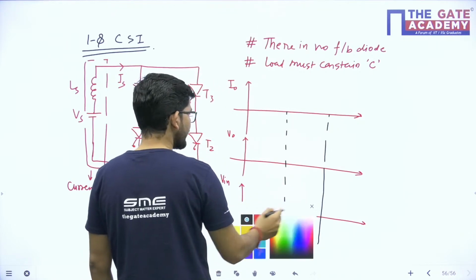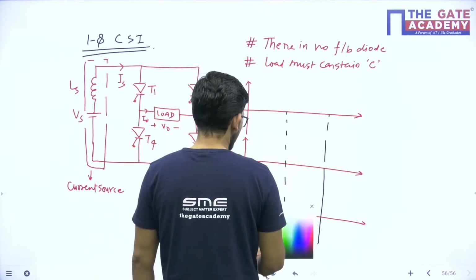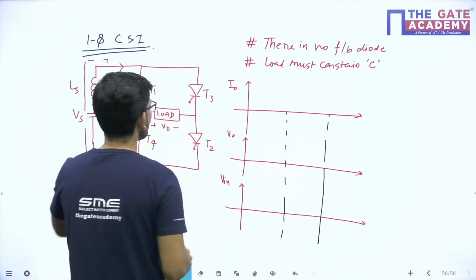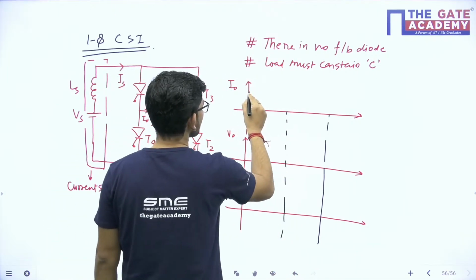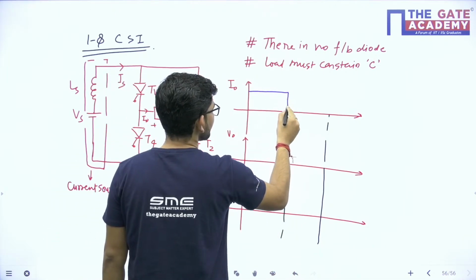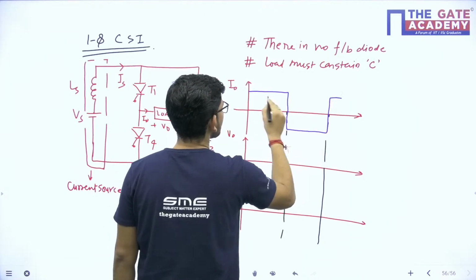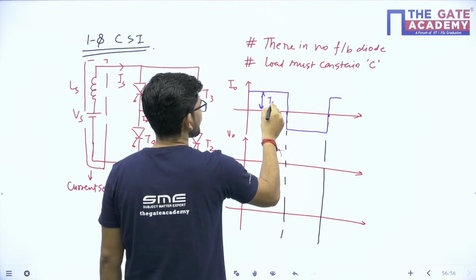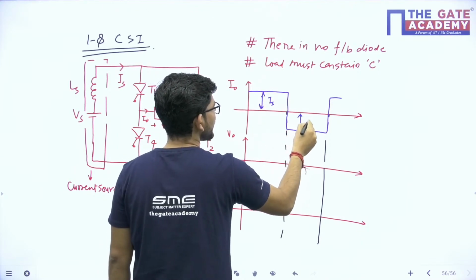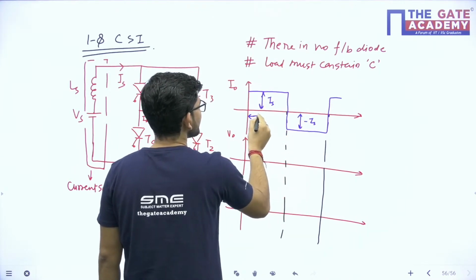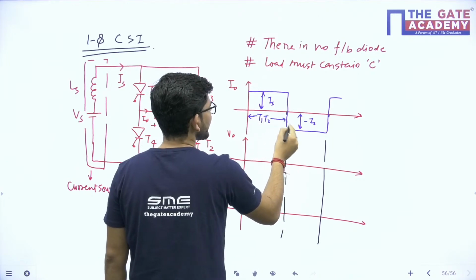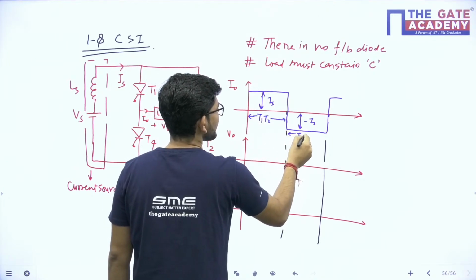When T1 and T2 are on, I naught will be equal to Is, and when T3 and T4 are on, I naught will be equal to minus Is. This is when T1 and T2 are on, and this is when T3 and T4 are on.